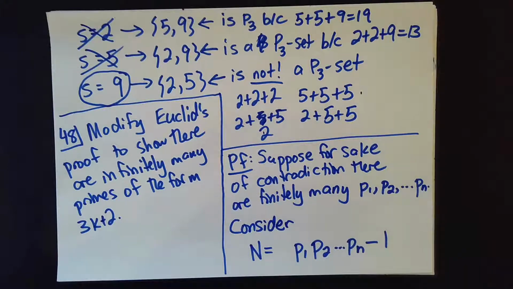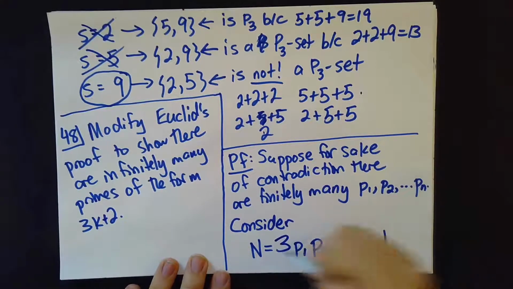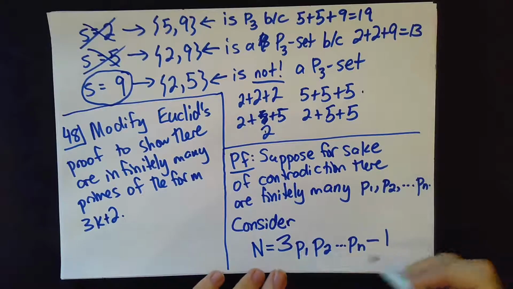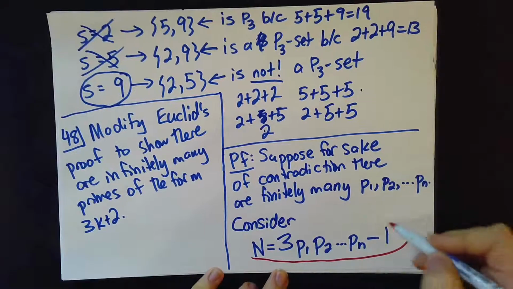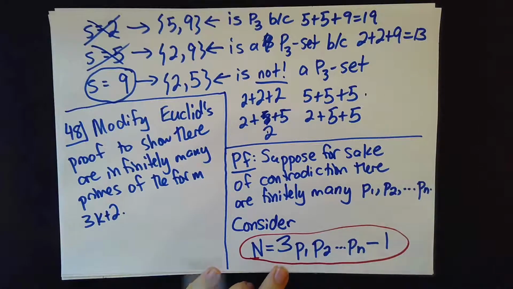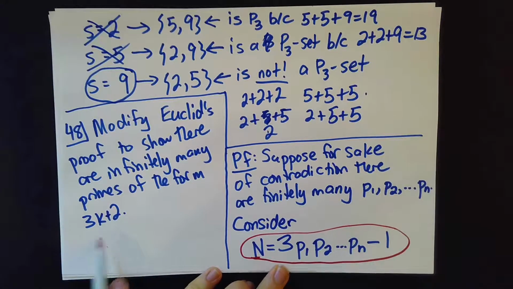It happens to make this proof actually work. So I want to consider this. The thing I did not tell you in the video, but I will give you as an additional hint, is you want to put a 3 here. And so what you need to prove in order to finish this, just like Euclid did, is you need to prove that this number has to be divisible by a prime of the form 3k plus 2 that is not in your list.